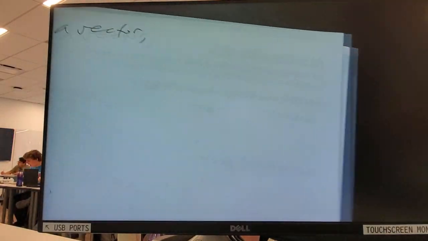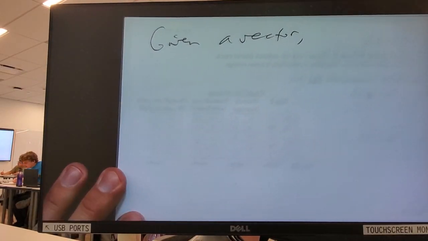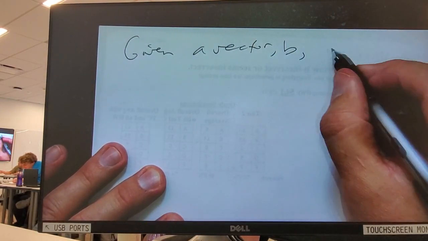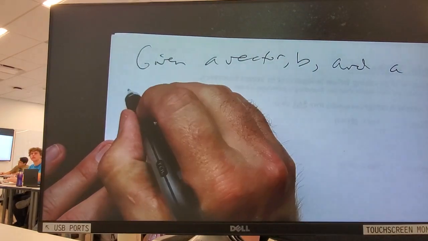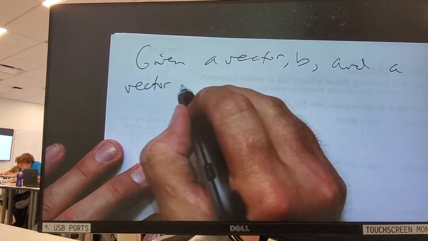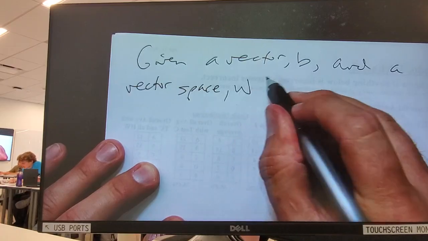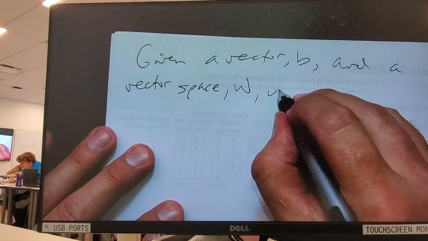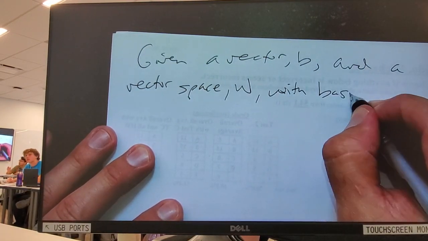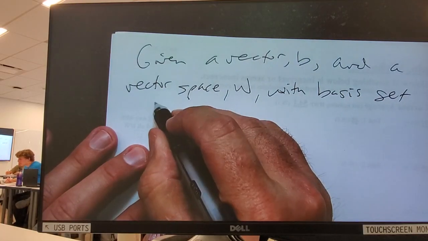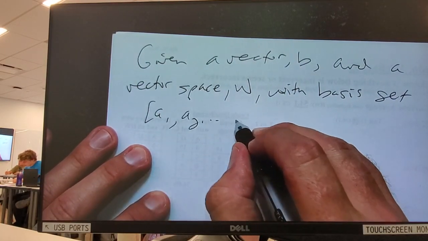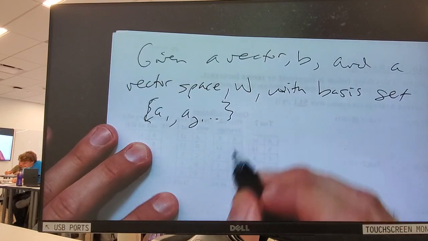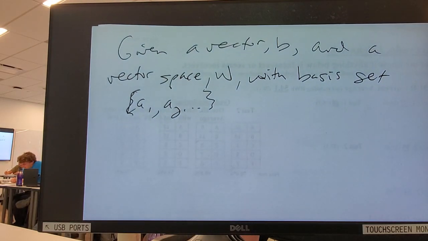Given a vector B and a vector space, which could be a subspace, W, with basis set A1, A2, and so on. So I'm given a vector B and some vector space with a certain basis set.